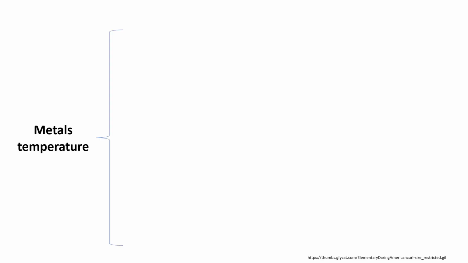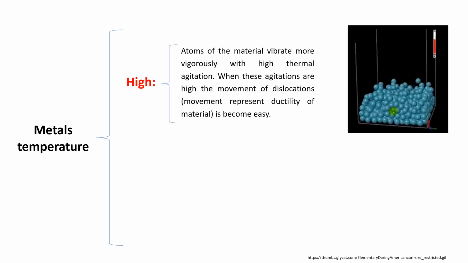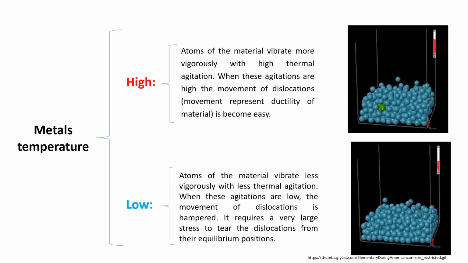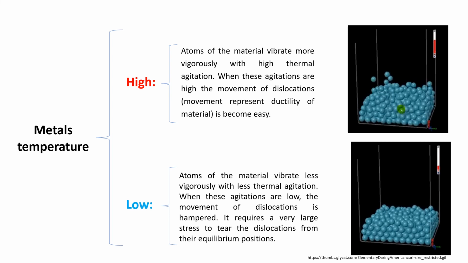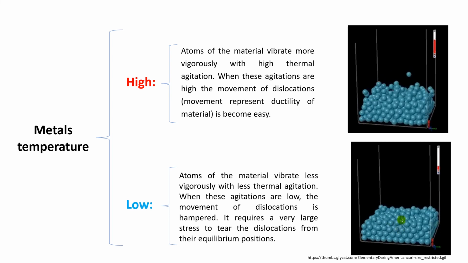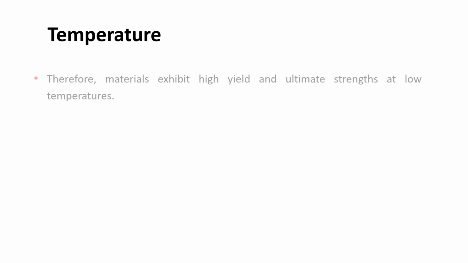This is due to the behavior of atoms. At higher temperatures, atoms move more easily than at low temperatures. About the theory, the final comments are: first, materials exhibit high yield and ultimate strength at low temperatures.